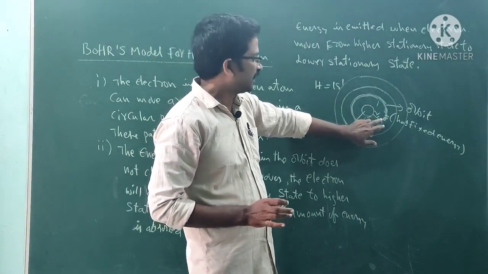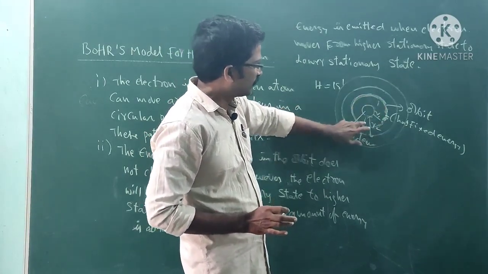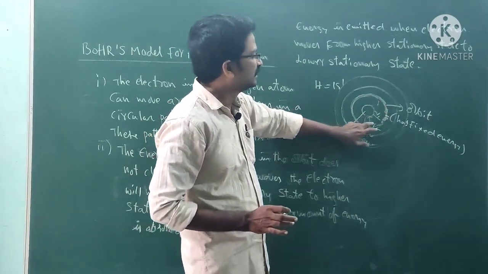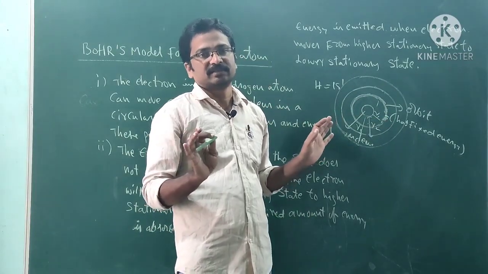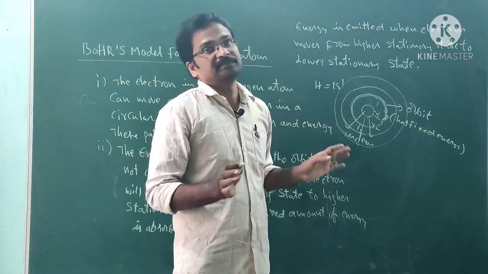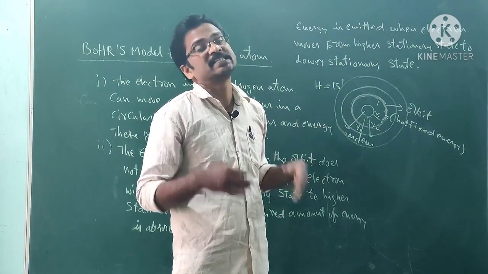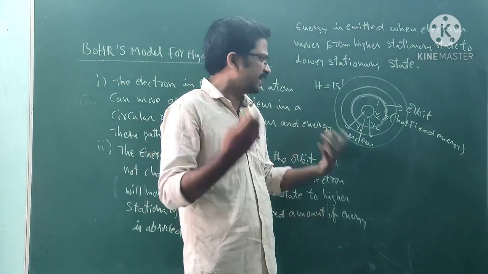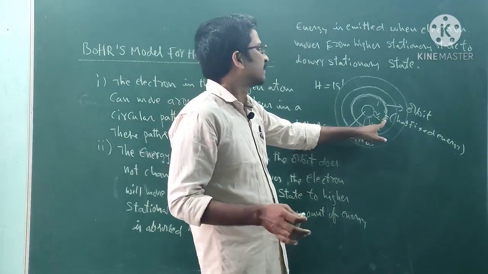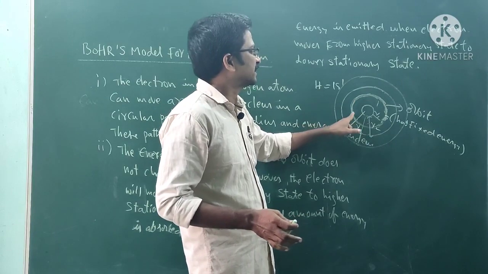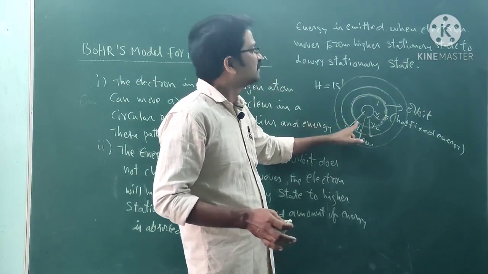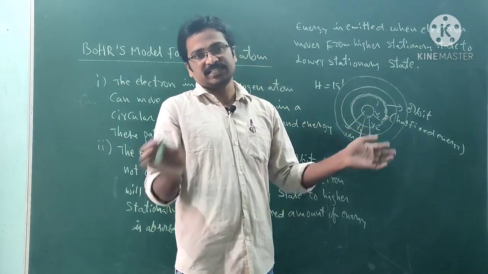Whenever the electron revolves around this circular path, its energy does not change with time, whether 3 days, 4 days, 10 days, 10 years or 20 years. Whenever the electron moves in a circular orbit at a particular path, its energy does not change.